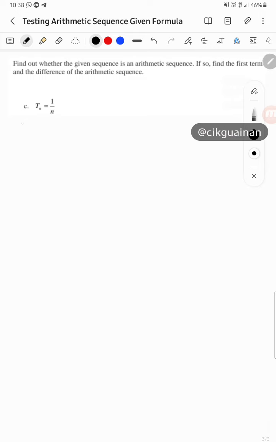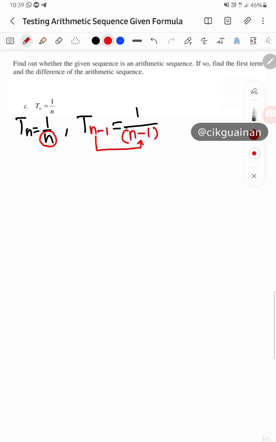From this Tn, 1 over n, we come up with Tn minus 1. I told you already, when we change to n minus 1, we have to change the n into an empty bracket and fill it up with n minus 1.